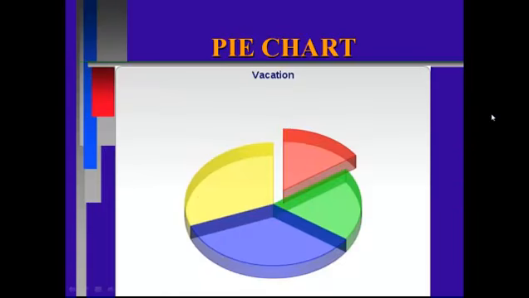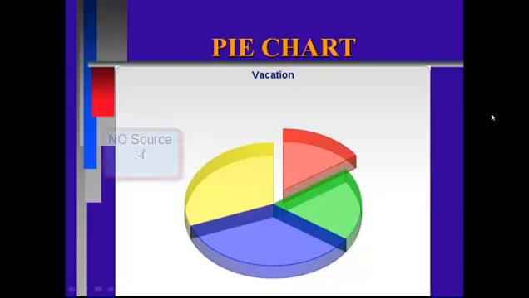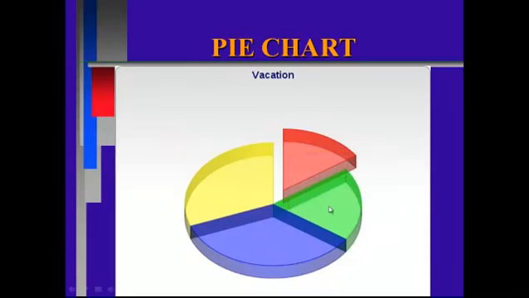Let's take a look at this pie chart. Now there's some things wrong with this one as well. Yes, it does have a title, but the title is very weak and vague. Your title needs to be stronger. It does not have a source. The pie pieces, again, are out of order because the yellow and the blue need to come before the red and the green.